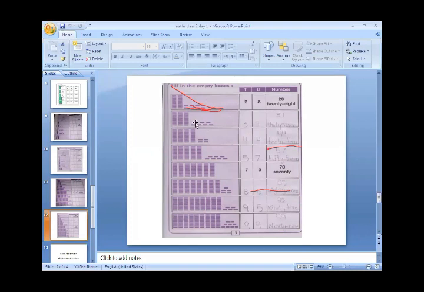Then count how many small blocks are in the second box. 1, 2, 3, 4, 5, 6, 7. There are 7 small blocks. So you will write 7 at the unit place because these individual blocks show the unit place.